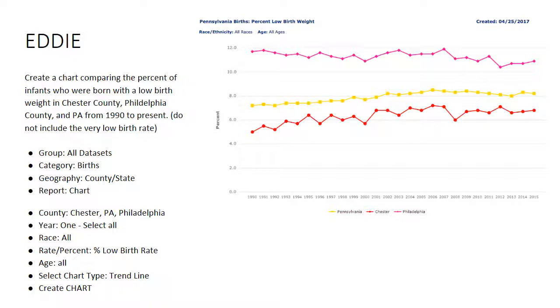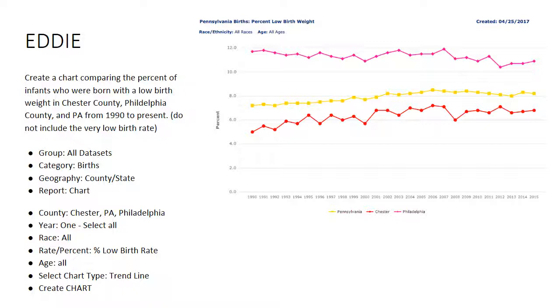So this is looking at a time trend over the past 25 years, because I think the most up-to-date they have is 2015. From 1990 to 2015, we were looking at the trends over time of low birth weight in these 3 groupings. So there should be a line for Chester County, a line for Philadelphia County, and a line for the PA average.